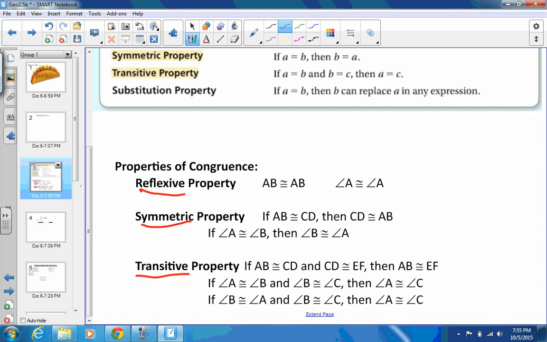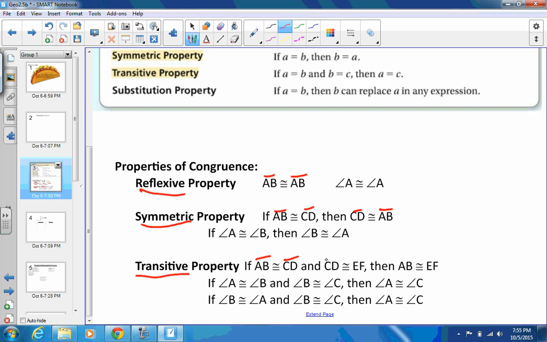The symmetric property: if segment AB is congruent to segment CD, and these really should have segments over them, then segment CD is congruent to segment AB. Same thing works with angles.